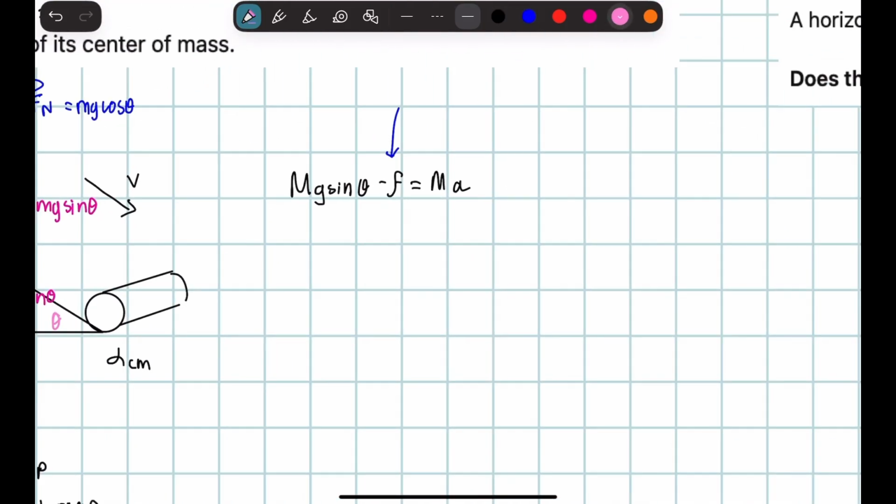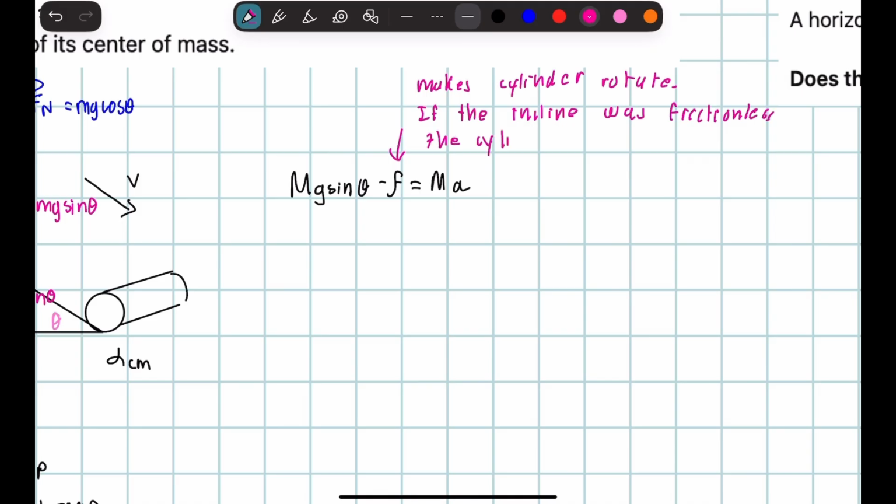This frictional force makes the cylinder rotate. We know this because if the incline was frictionless, then the cylinder would just slide down without spinning.